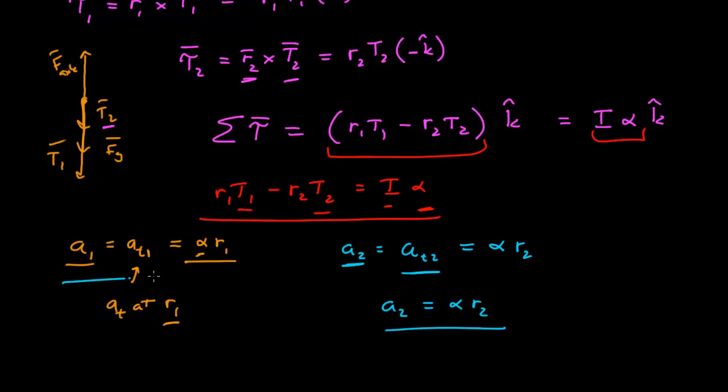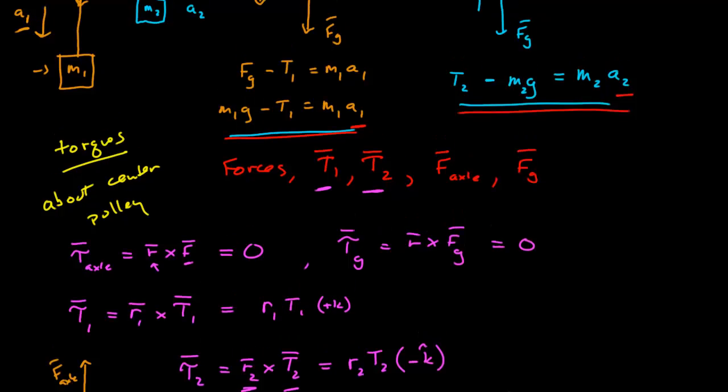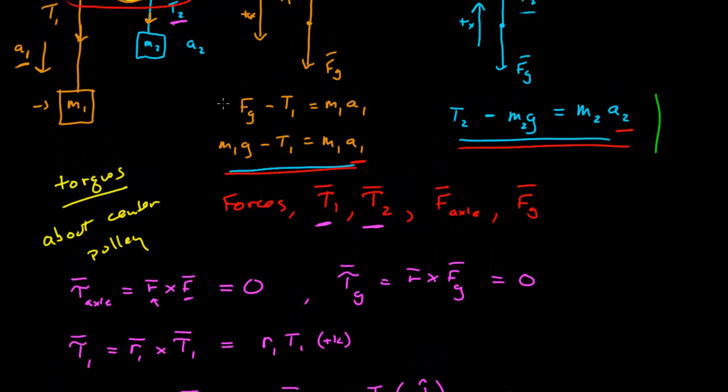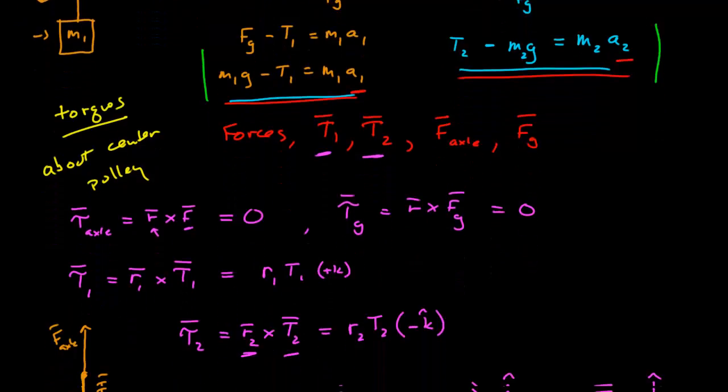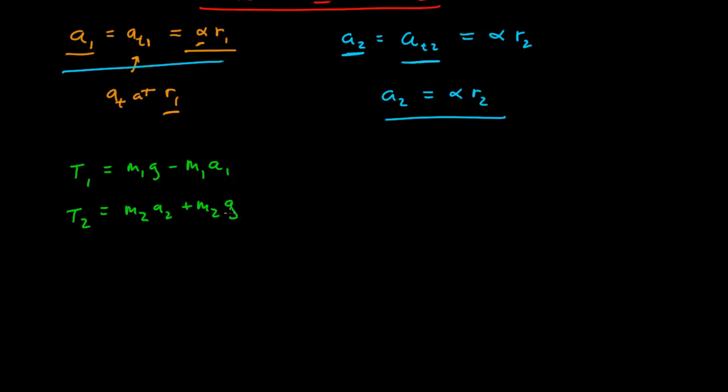So now I have 5 equations, 5 unknowns, and I can go ahead and solve. If I start with my forces, I'm going to solve each one for the tension. From the first one, T1 is equal to m1g minus m1a1. And T2 is equal to m2a2 plus m2g.